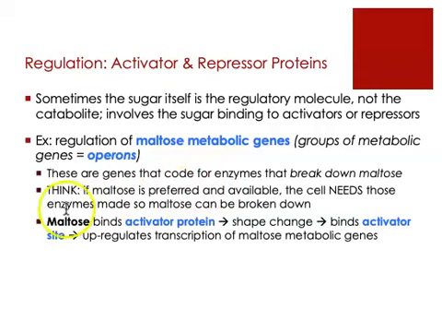So it turns out that maltose itself will bind to an activator protein. That activator protein will then change shape a little bit, and then it will be able to bind to the activator site of the operon, and then it will upregulate the transcription of that operon, and the cell will get the enzymes it needs to break down all that maltose. Okay, make sense?